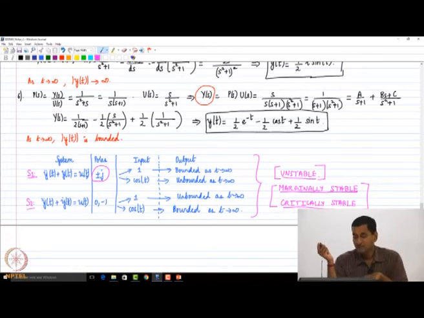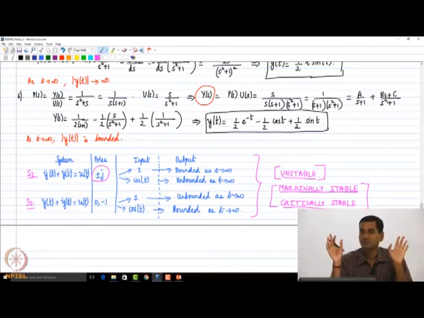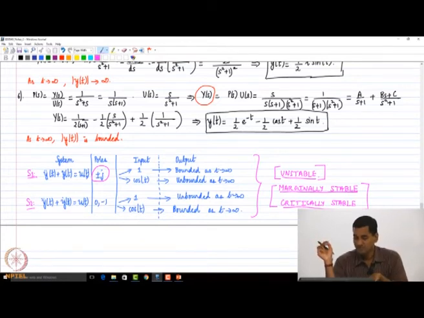Okay, so that is the bottom line here. Now on the other hand, if you look at system S2, it has a pole at the origin, right? So if you have a non-repeating pole at the origin and you give a step input, the output is unbounded. But for all other sinusoidal inputs, the output is bounded. Okay, that is the property of S2.